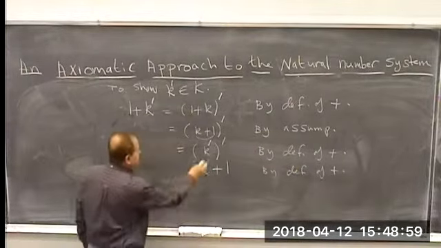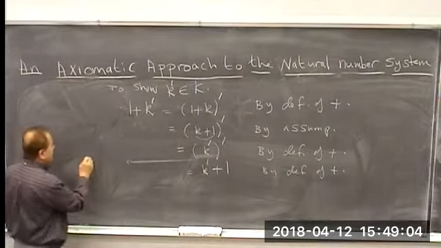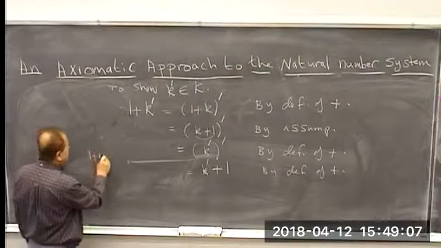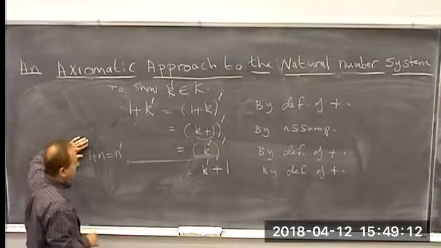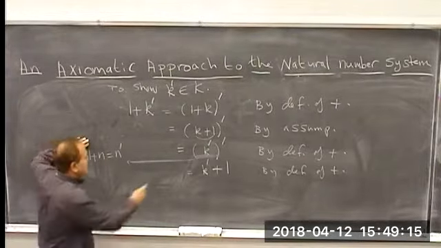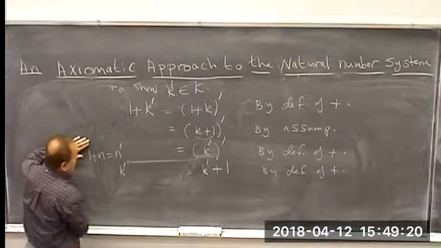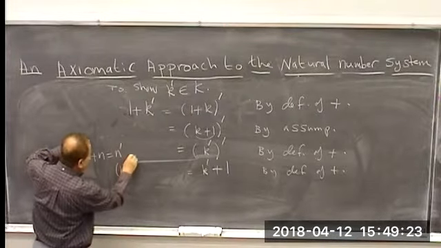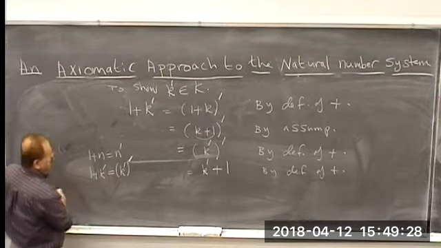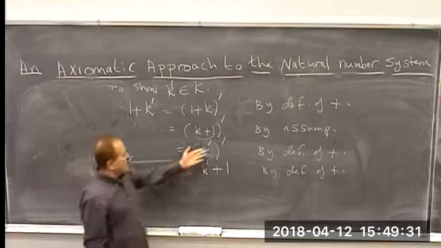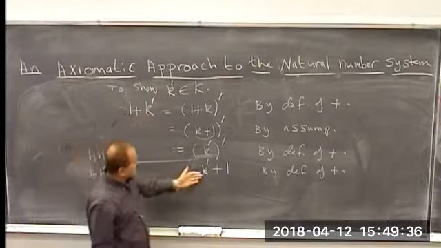Let's look at this, okay? Remember, in our definition, we said that we have 1 plus n is equal n prime, right? This is the definition of adding 1. All right? So in here, what I have is the k like this. This is my n. And the successor of this is equal to 1 plus that. So I'm going backward and writing it. And that's what it is. So we have 1 plus k prime is equal to k prime plus 1.